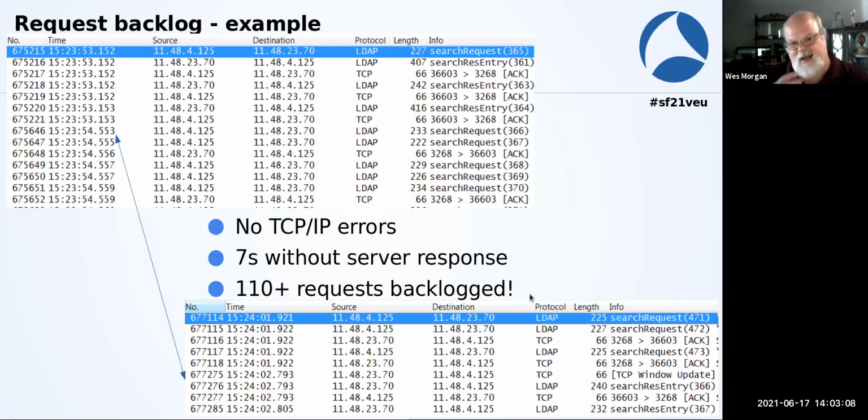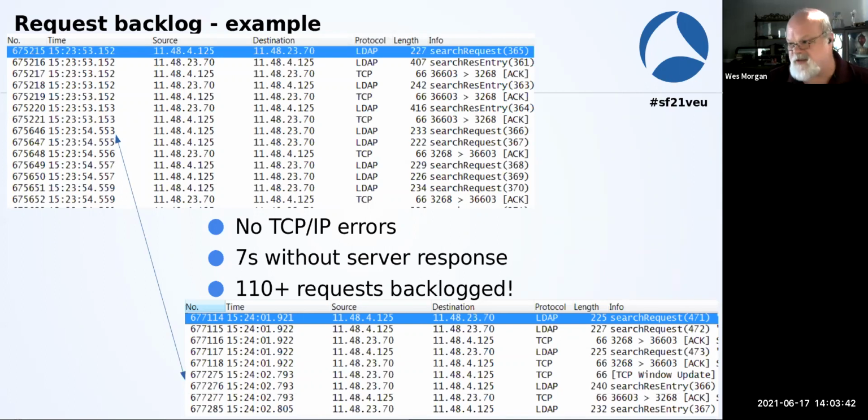Now, here's where that snowballs. Because we had this 7 to 8 seconds without a server response, once we start getting them, we're so far behind that we're going to add additional time to process each search result. So all these transactions that are waiting on search results are going to be delayed by 7 to 10 to 11 seconds, depending on how far in the backlog they were.